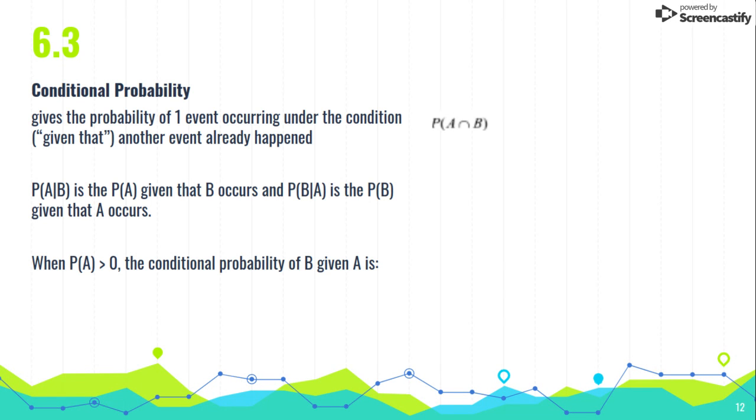Conditional probability gives the probability of one event occurring given that another event already happened. The thing you see between A and B, the vertical bar, just means A given that B already happened.